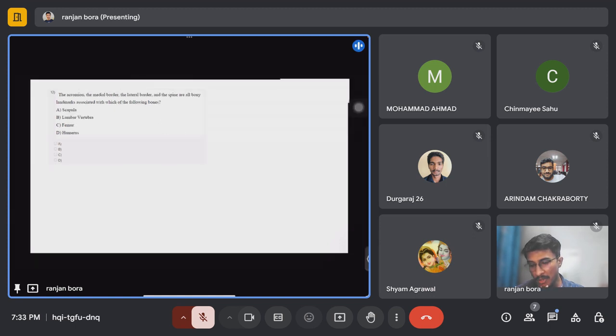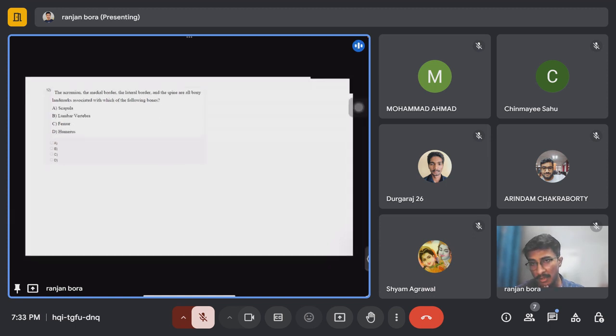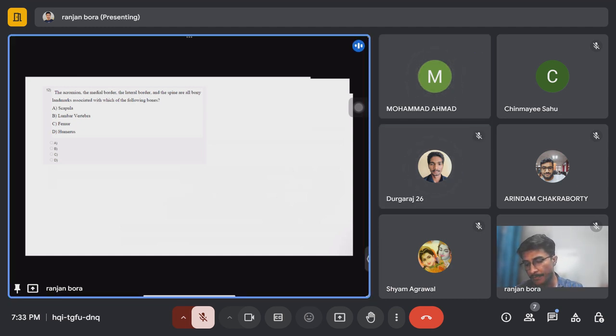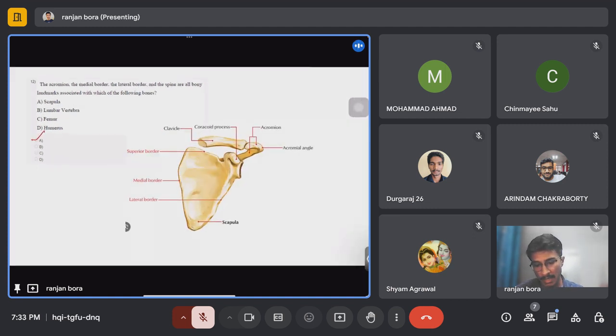Okay. The acromion, medial border, lateral border, and the spine are all bony landmarks associated with which of the following bones? Yeah, it is scapula. If you see a figure of scapula, you can see here the acromion.